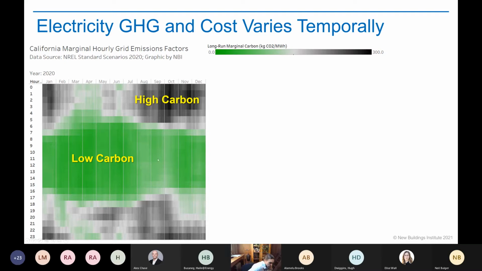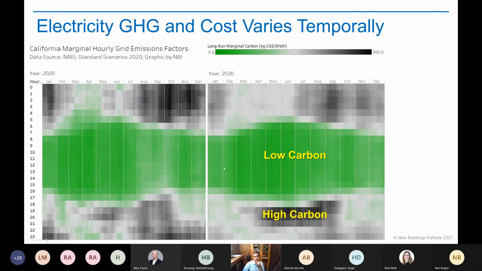That's when the sun is not shining. This is in part because California has a lot of solar on the grid. That's expected to intensify somewhat and shift a bit in the next 10 years and going forward. It's kind of hard to make these predictions, so NREL makes them. They actually make them out to 2050.